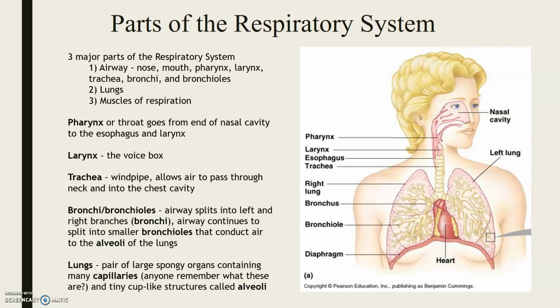If you don't remember what those are, go ahead and revisit some of the circulatory system lectures where we talk about the different types of blood vessels in the circulatory system. So in addition to having many capillaries in these lungs, they also have these tiny cup-like structures that we spoke of earlier called alveoli. We'll learn the primary purpose of the alveoli a bit later in the lecture, but I just wanted to introduce them here.